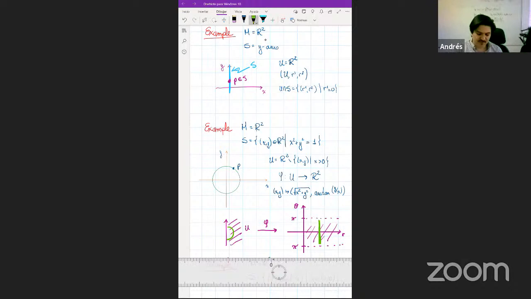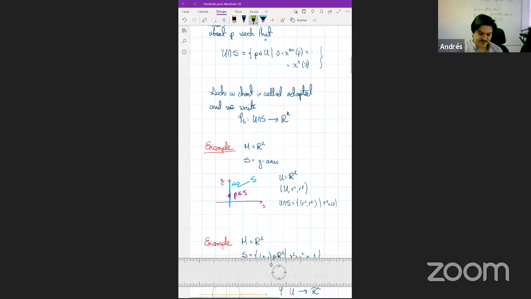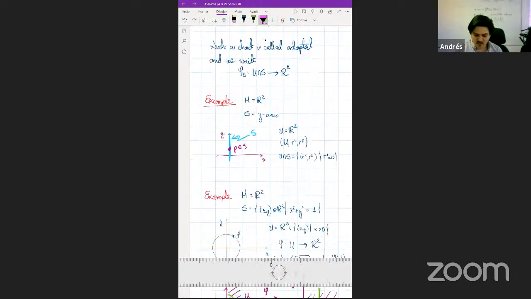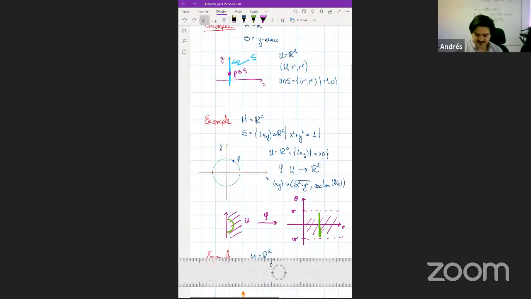Instead of 0, I'm taking 1, right? This is R equals 1, right? If you want to make it more precise, we can shift everything to 0 if you want.